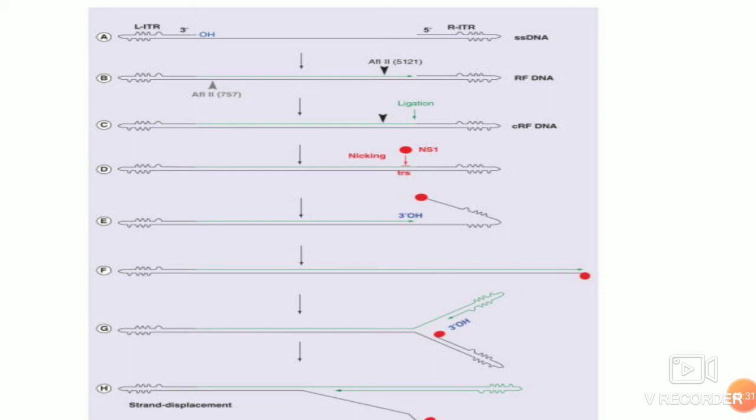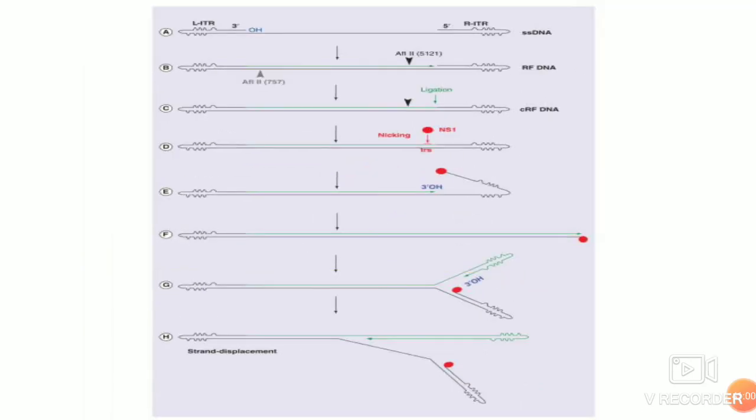NS1 also induces the G2/M arrest, that is by interacting with the E2F family transcription factors. In the S phase only you have all this DNA polymerase delta, PCNA, that is proliferating cell nuclear antigen, and other cyclin, MCM2, and those are all important for the replication machinery to carry out this DNA replication.